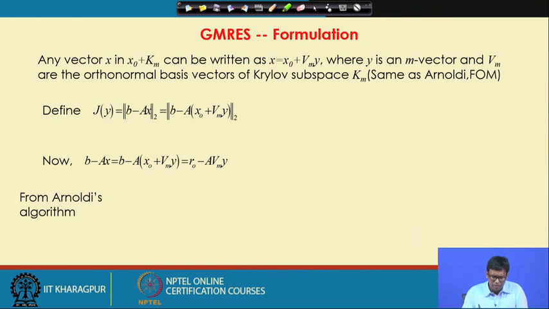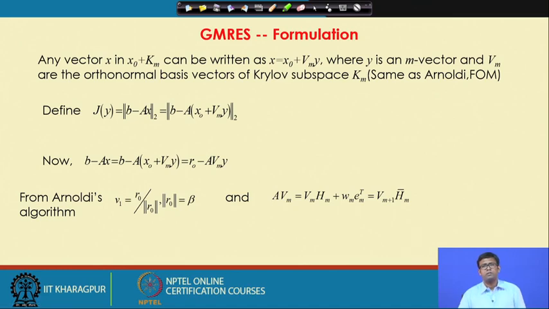From Arnoldi's algorithm, we have seen that V1 is R0 by mod of R0, and mod of R0 is given as beta. We have also seen that A Vm is Vm plus 1 into Hm bar, the full Heisenberg matrix.